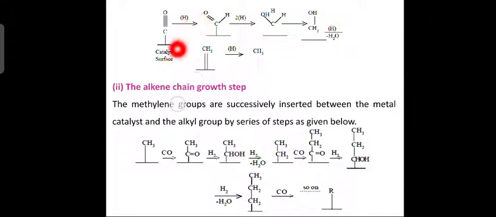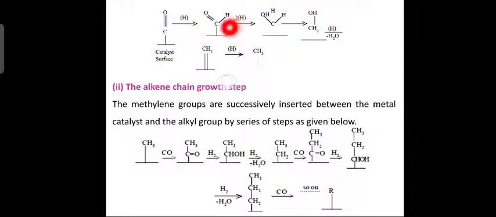Carbon monoxide on the surface of the catalyst combines with a hydrogen atom to give CHO, correct? This will combine with 2 hydrogen atoms to give one OH, H and H, so addition will take place here. This on rearrangement will give you what? CH2OH, correct?